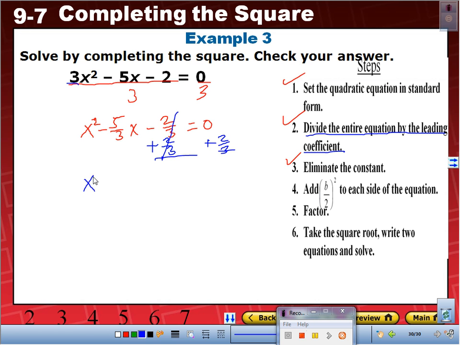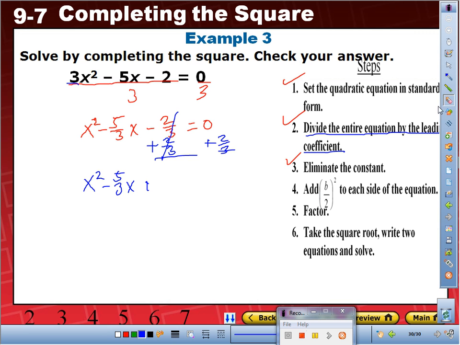Let's finish this one really quick. We're left with x squared minus 5/3 x plus, oh no, I'm going to leave a blank there, equals 2/3. Then it says, add b over 2 squared. So what is b? 5/3.